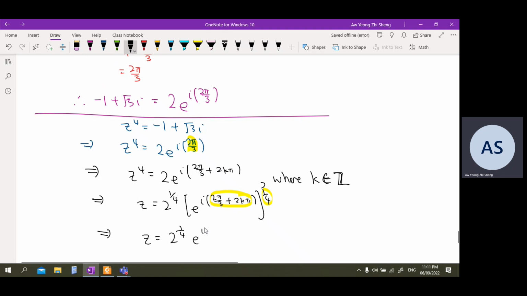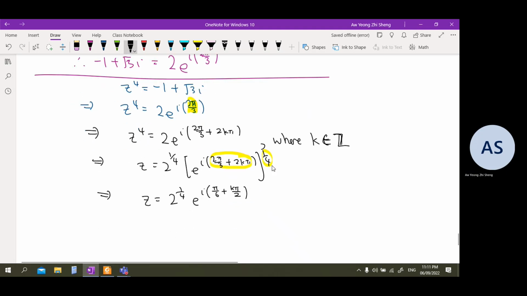It's just e^i, I have pi over 6 here plus k pi over 2, close, 2 power 1/4.